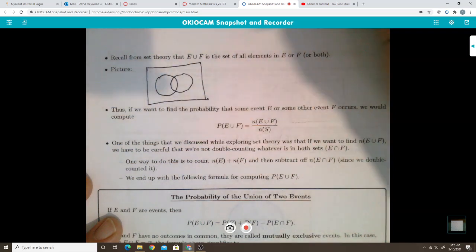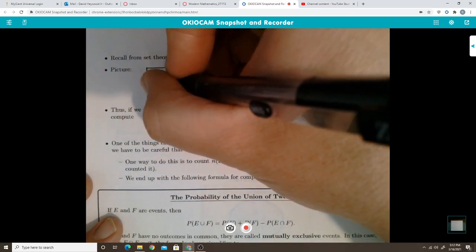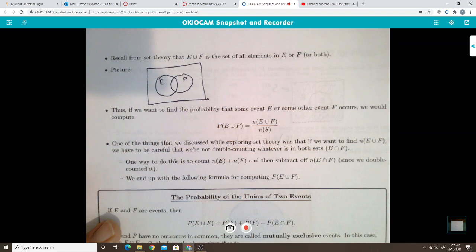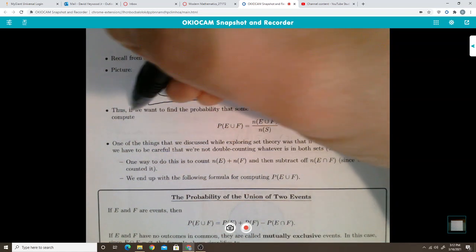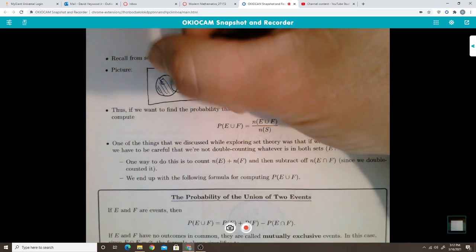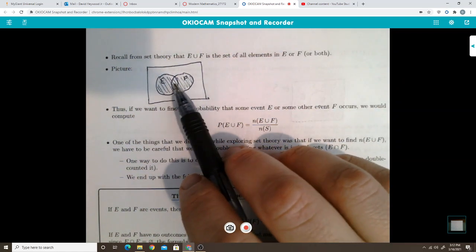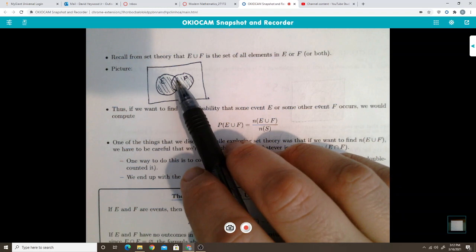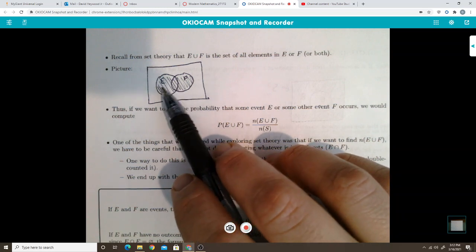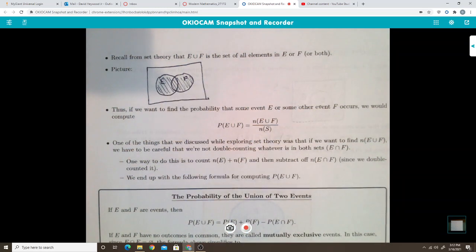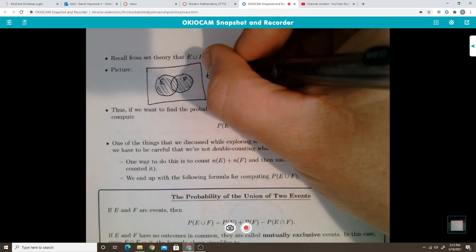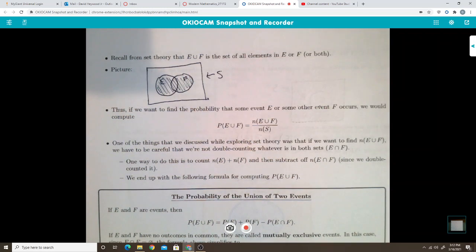So I apologize. But anyway, if this is E and this is F, then E union F is all of this stuff, right? It's everything in E or F or both. Both is the overlap part. And again, this entire rectangle represents the sample space.